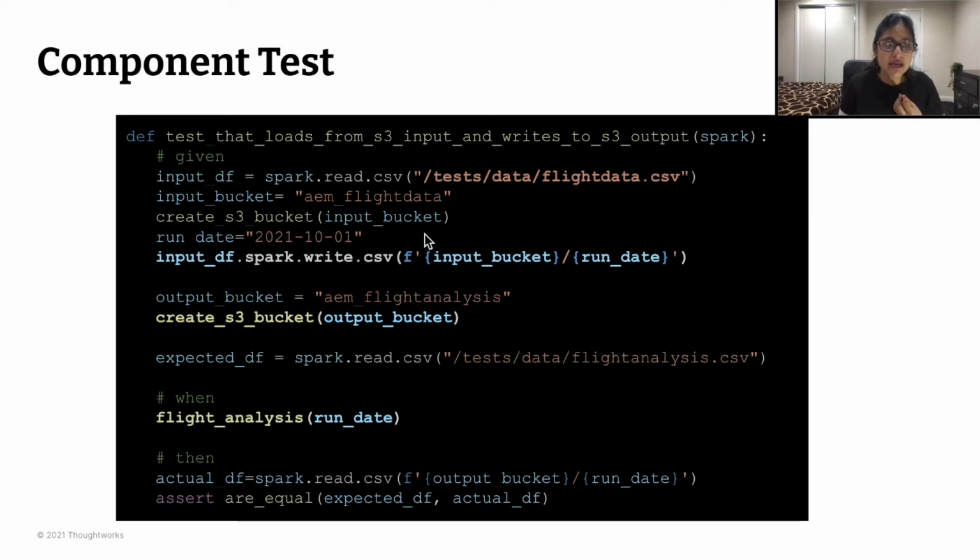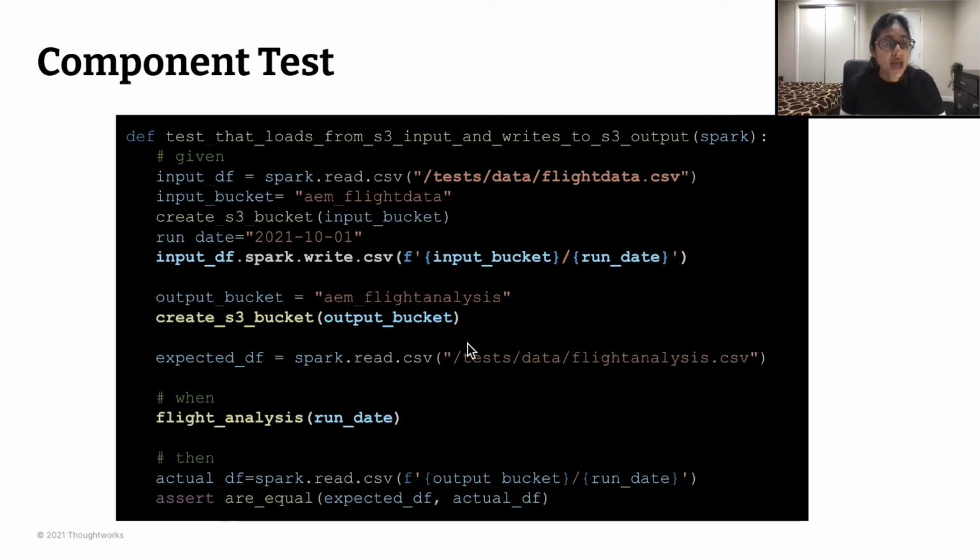So I will create a test file, which is stored locally. I'll create a data frame out of it, and then I'll create a bucket locally in my local environment. I'll write that input file in that S3 bucket. So my input is ready, not in the AWS actually, but in the mocked AWS S3 bucket.